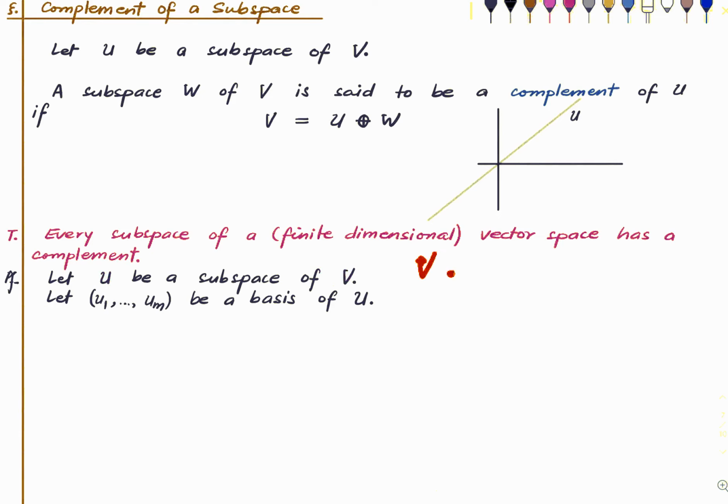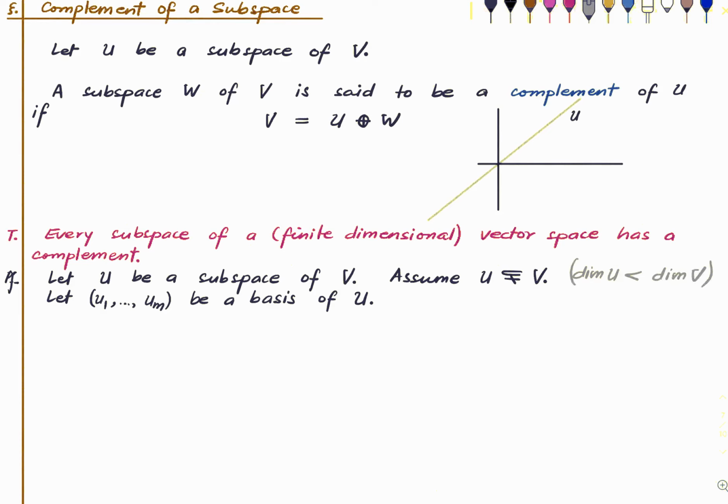So V is the direct sum of V and the trivial subspace. So we may assume that U is strictly contained in V, which in other words means that the dimension of U is smaller than the dimension of V, if you solve the exercises. That is same as saying that dimension of U is less than dimension of V.